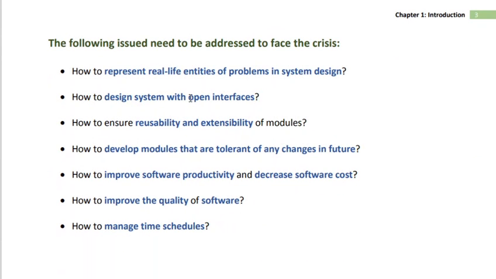Now, in order to face up to the software crisis, we need to identify some of the key issues. So, following are some of the issues that need to be addressed to face up to the software crisis. First, and the most important thing, is that one should know how to represent the real life entities of the problem in system design.